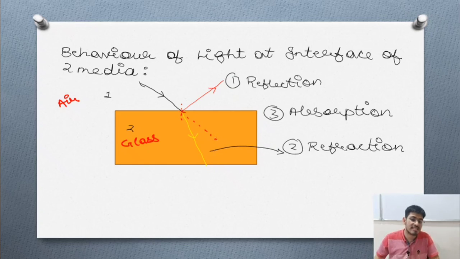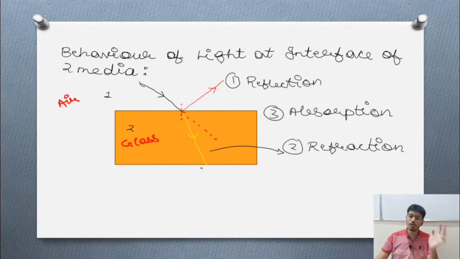It is changing its direction, because this is another medium with a different refractive index. I will tell you about the refractive index, not to worry. The refractive index of air is something, the refractive index of glass is something else, and because of this, the light is getting deflected.